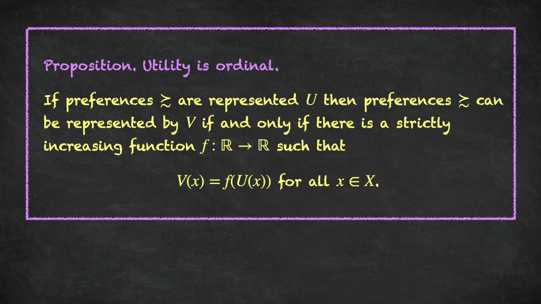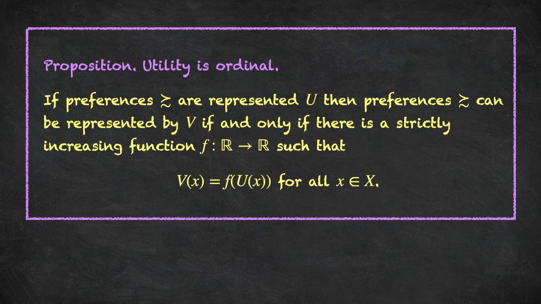Before we round up our coverage of basic utility theory, let us just mention what are called the uniqueness results regarding utility functions. Here the proposition reads, utility is ordinal. What does this mean? Well, notice that we found a way of selecting numbers in order to represent preferences of a consumer.